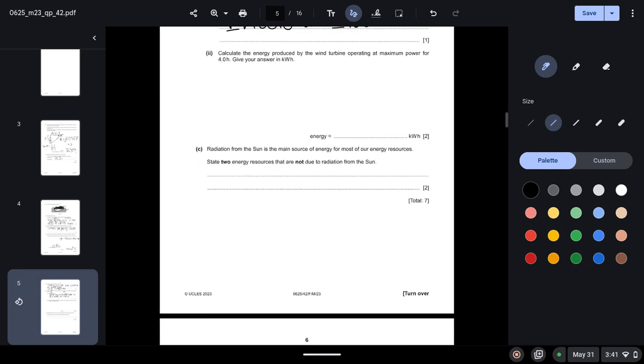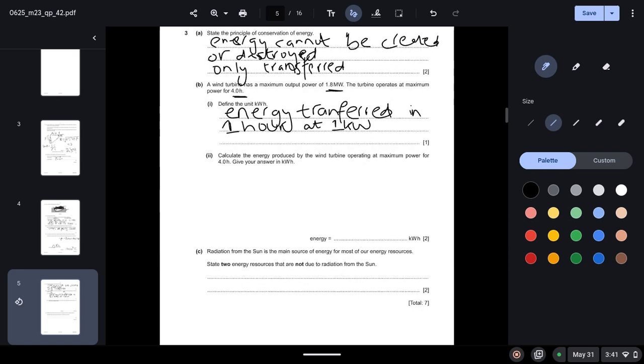Calculate the energy produced by the wind turbine operating at maximum power for 4 hours. So this is very simple. They have given us the output power 1.8 megawatts. So please make sure that you convert it into the correct unit, which is 10 to the power 6 because of mega, and for 4 hours.